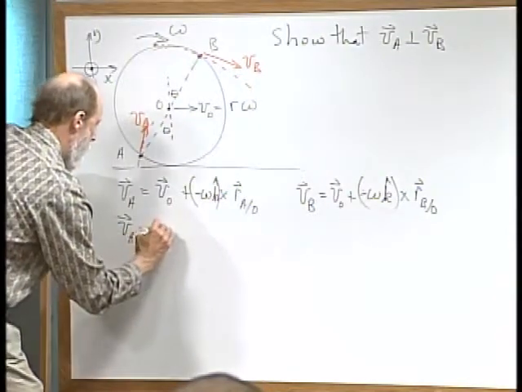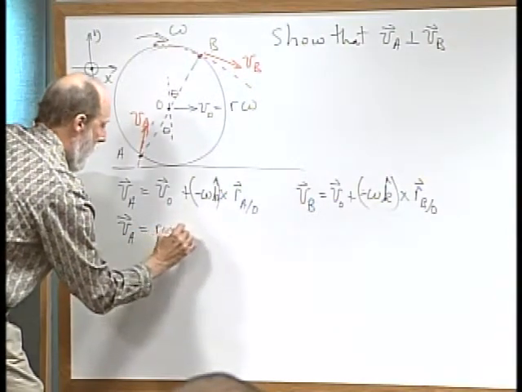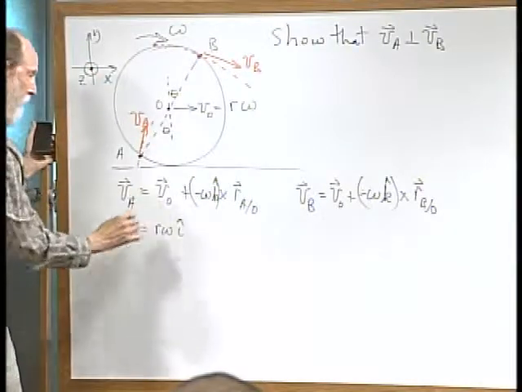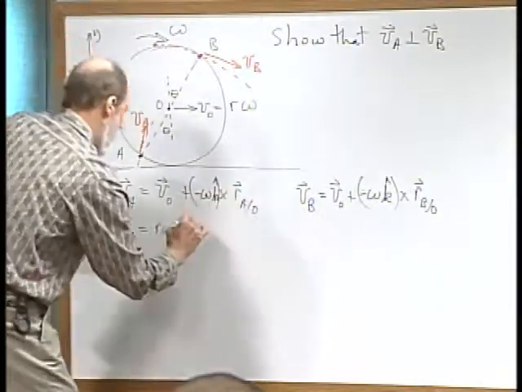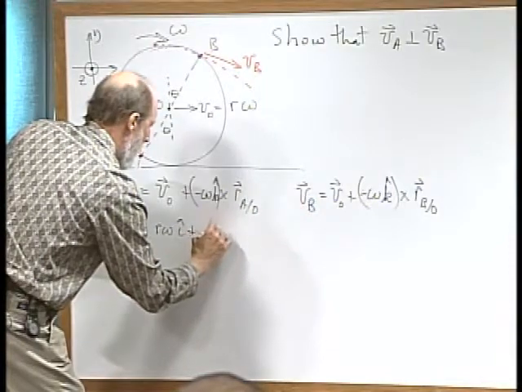So the velocity of A is equal to r omega i hat for the velocity of the center.